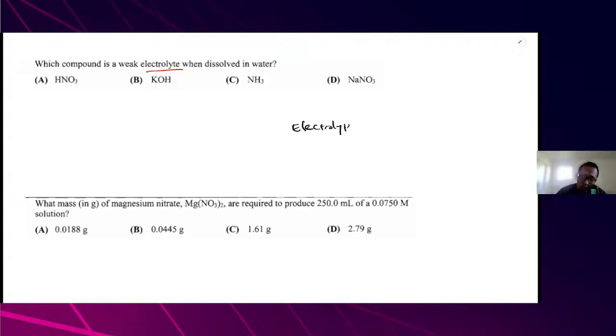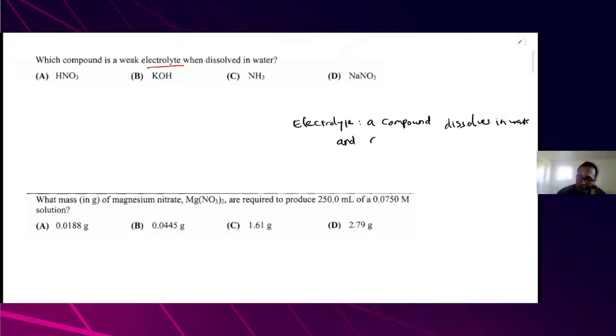Electrolyte is, when a compound dissolves in water and conducts electricity, it's called an electrolyte.